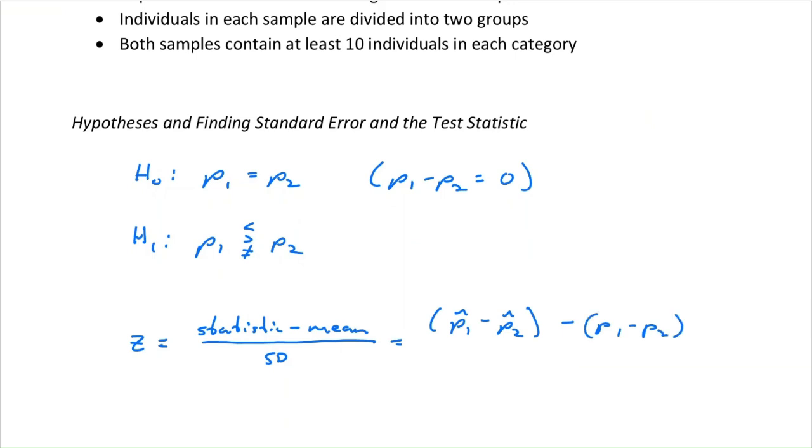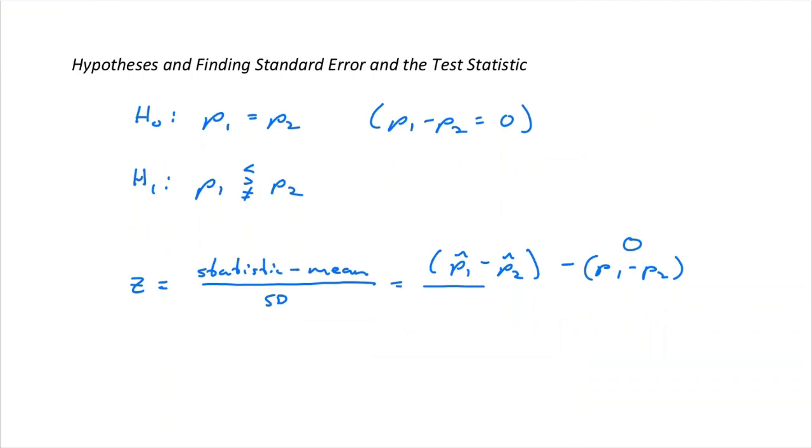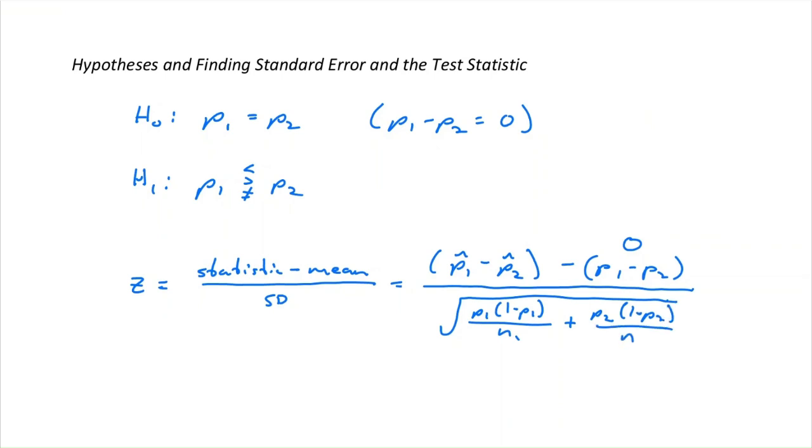But again, from our null hypothesis, we're assuming that that's just going to be 0. And then dividing that by the square root of P1 times 1 minus P1 divided by N1 plus P2 times 1 minus P2 divided by N2.